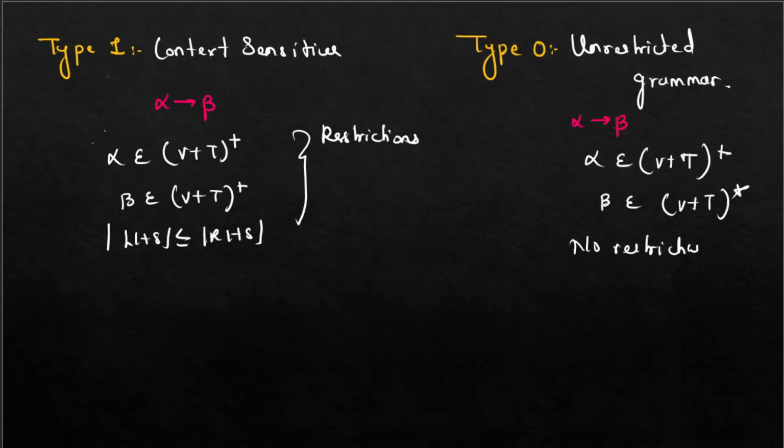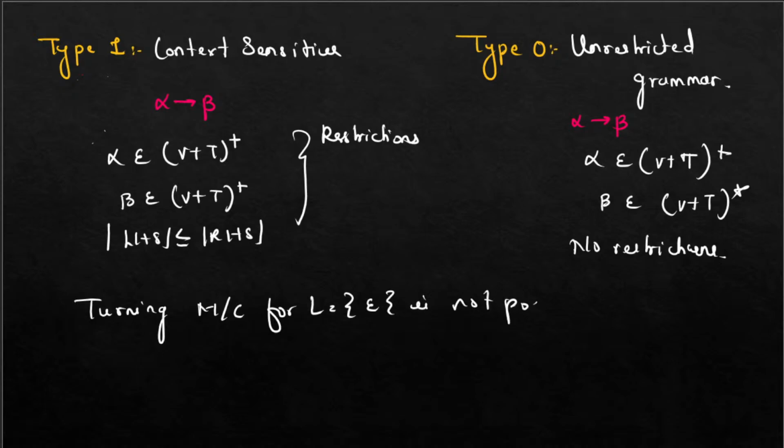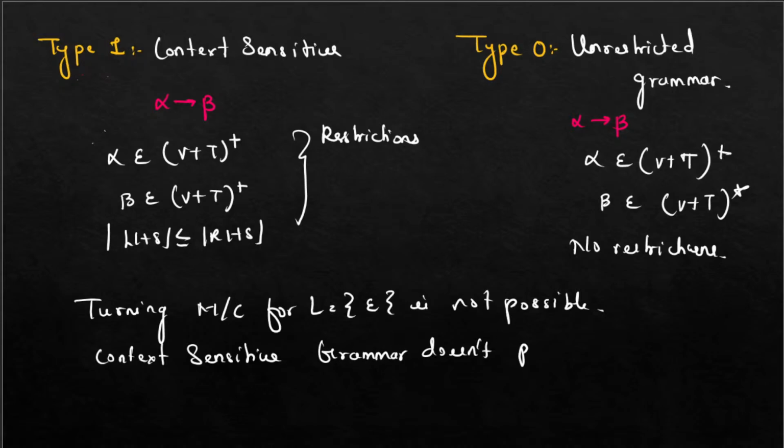A Turing machine for a language with epsilon is not possible, and context sensitive grammar does not produce epsilon. Now let's discuss Chomsky normal form, which is CNF.